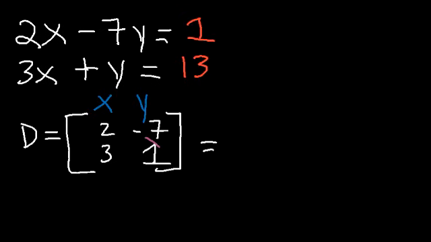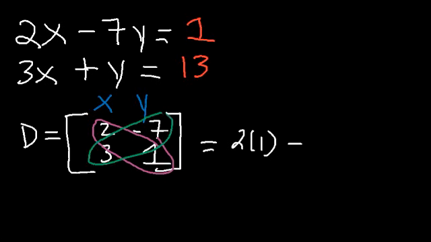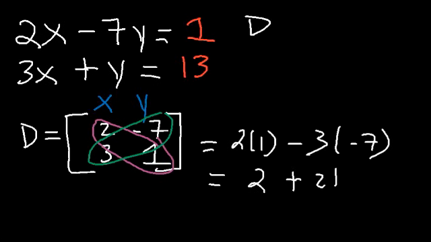So it's going to be 2 times 1 minus 3 times negative 7. 2 times 1 is 2. Negative 3 times negative 7 is positive 21. So therefore, we could say that the determinant is 21 plus 2, which is 23.